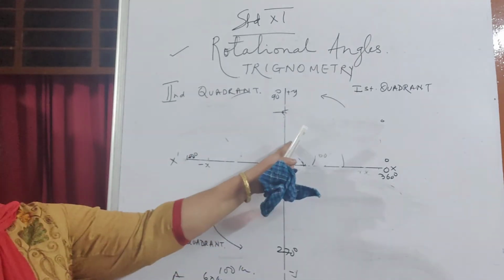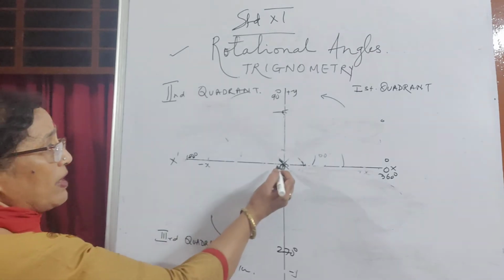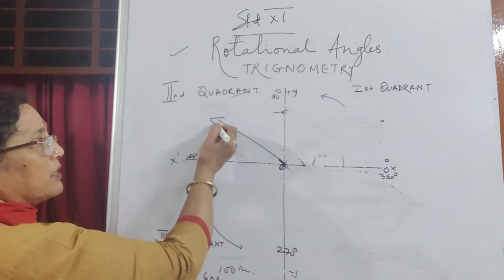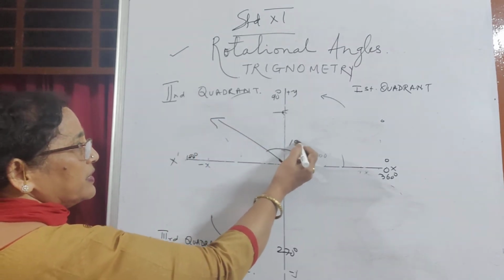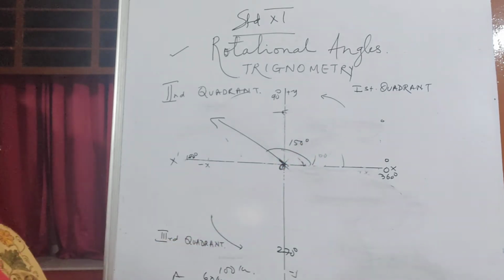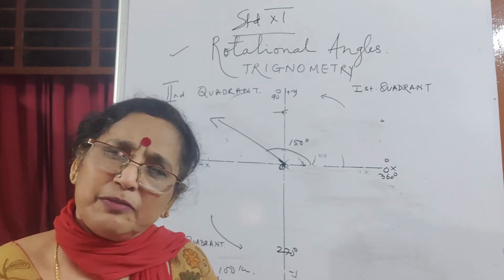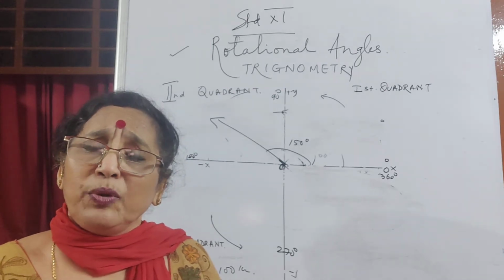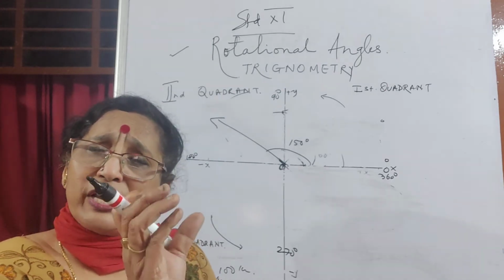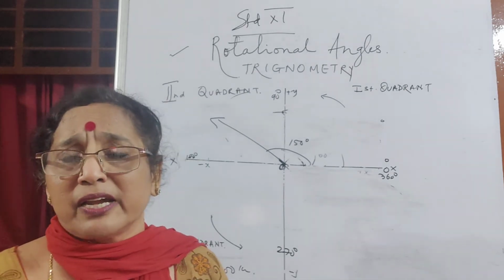So now suppose I say sine of 150 degrees. You know sine is P by H, cos of an angle is B by H, tan is P by B. We only do that, the ratio of the sides of a right angle triangle.